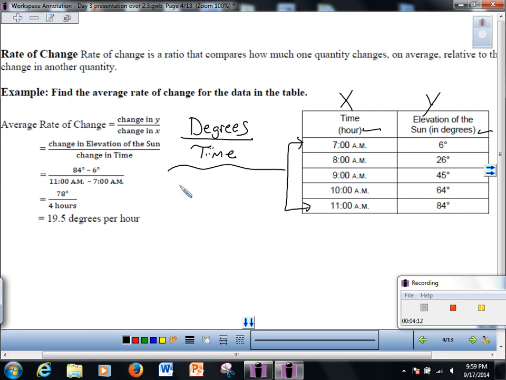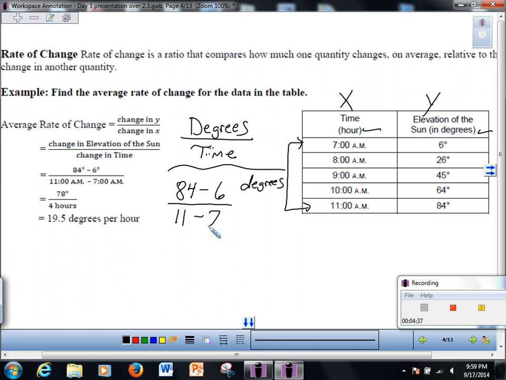So I'm going to go 84 degrees minus 6 degrees. Notice that my top unit so far is degrees. On the bottom here, let's talk about time. I'm looking at 11 o'clock, it was 84 degrees, and then at 7 o'clock, it was at 6 degrees.